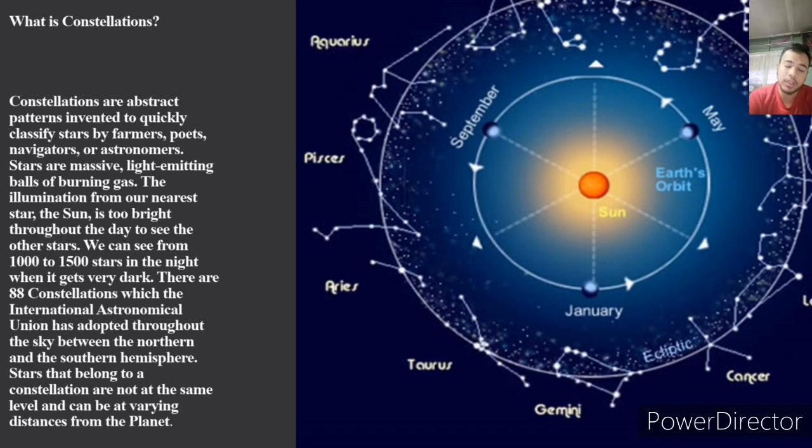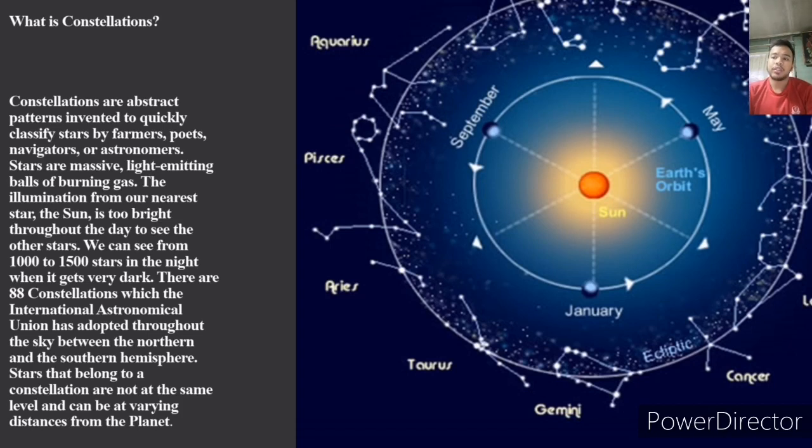There are 88 constellations that have been recognized by the International Astronomical Union, through the sky between the northern hemisphere and the southern hemisphere. The stars that belong to a constellation appear at the same level but can be very distant from each other.